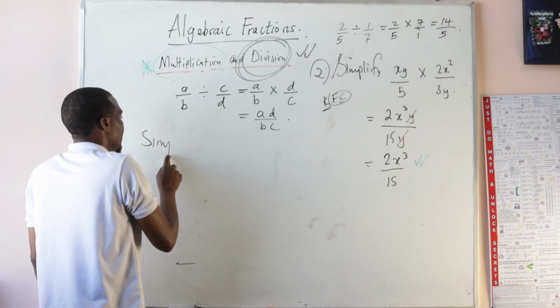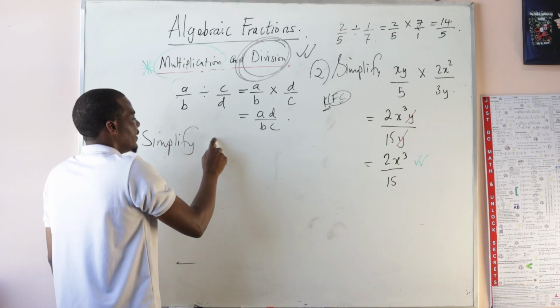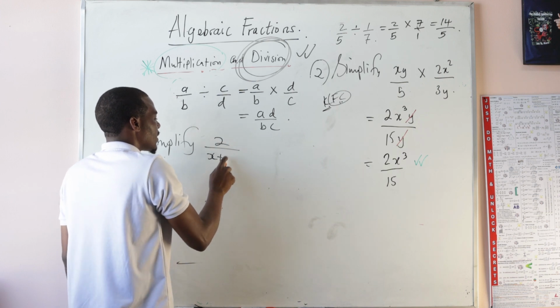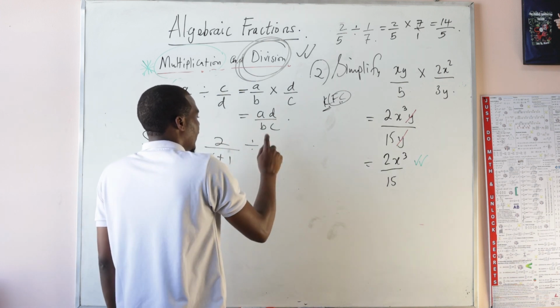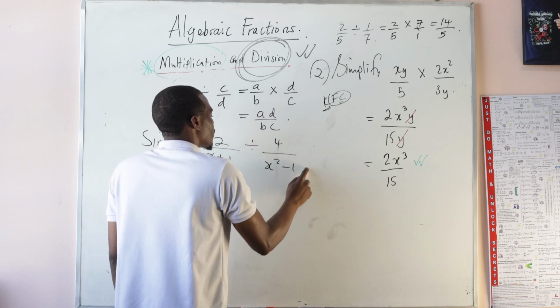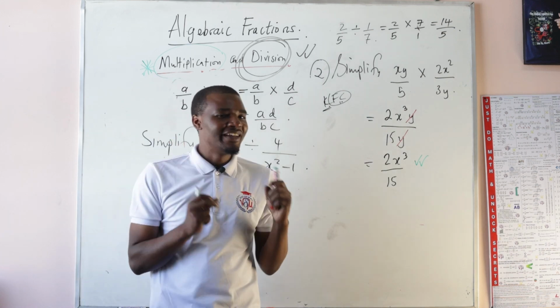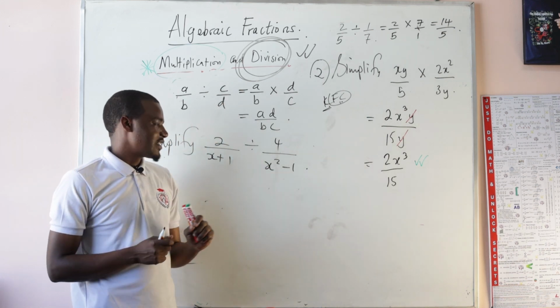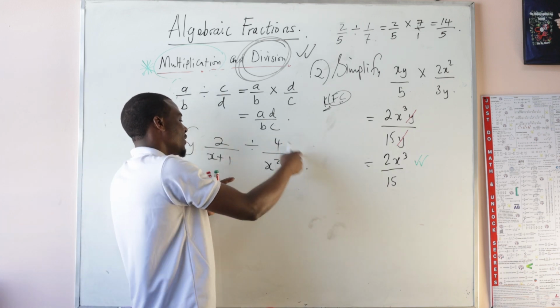Imagine you see a question like: simplify 2 over x plus 1, divided by 4 over x squared minus 1. How best are we going to divide these fractions? We have an algebraic fraction dividing another algebraic fraction.